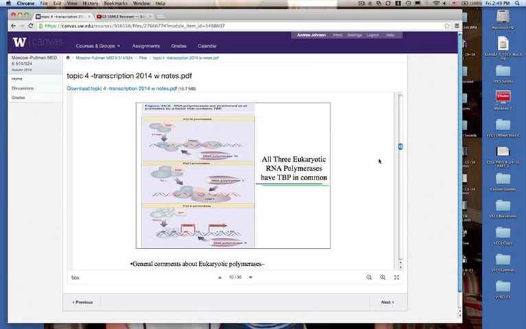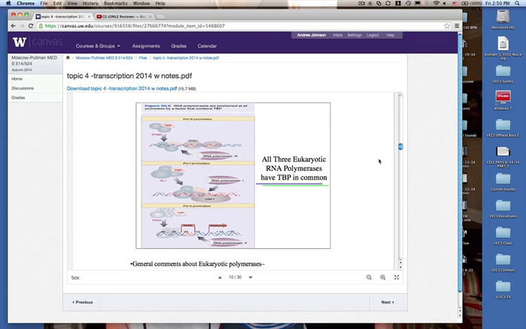That's why it's so absolutely important for transcription, because it's the one that brings the polymerase into register with the DNA, whether by the TBP binding directly to the DNA or another component of the complex binding directly to the DNA. But the TBP is the interface to the polymerase, regardless of the polymerase we're talking about.